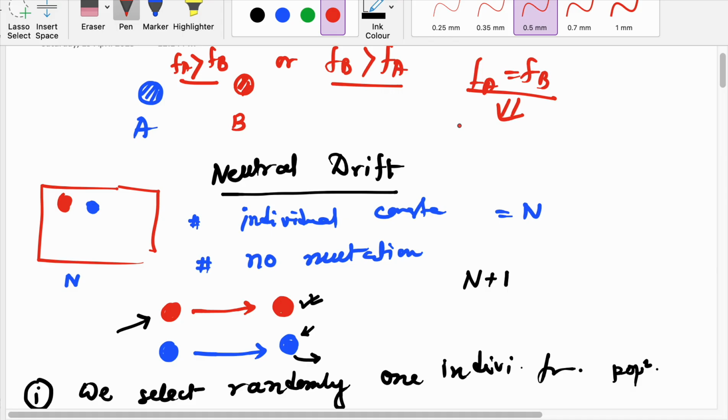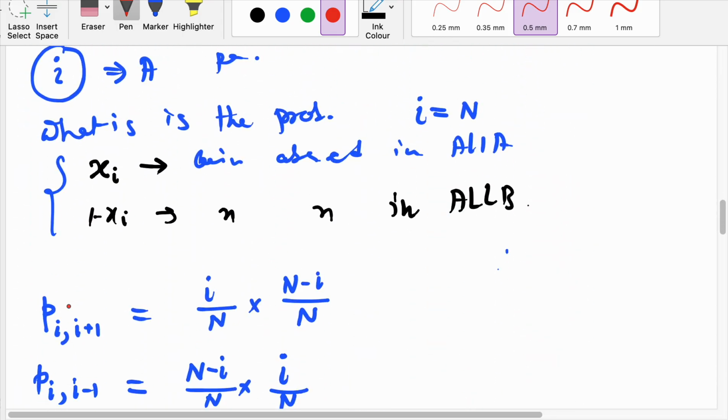Now if I ask what should be the probability of any individual taking over the whole population, that should be equally probable, because in principle the process does not differentiate between any individuals. So for any individual, the probability that its offspring will invade the whole population should be equal. And if it is equal for n individuals, what probability should it be? It should be x equal to 1 by n.